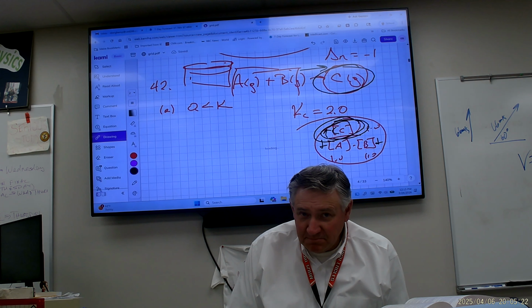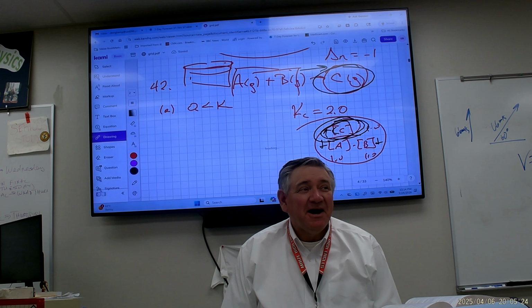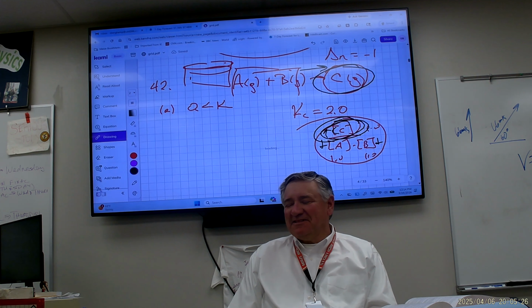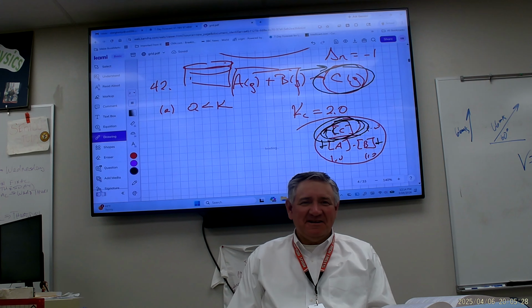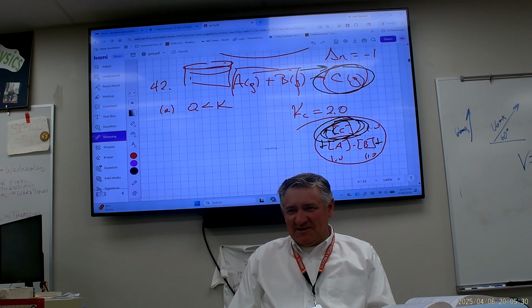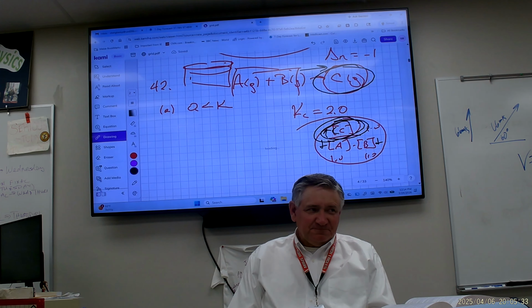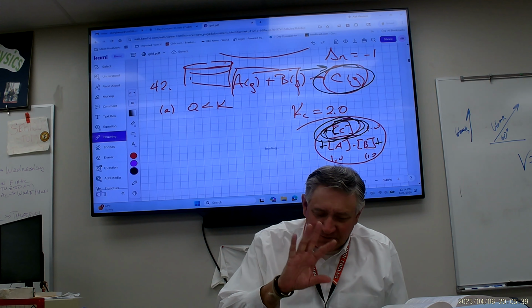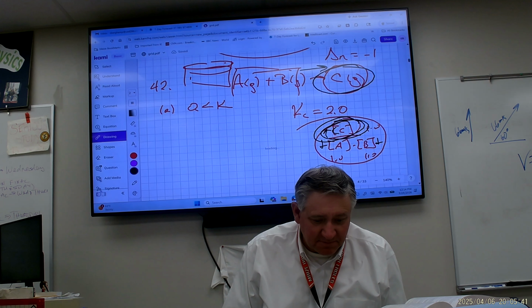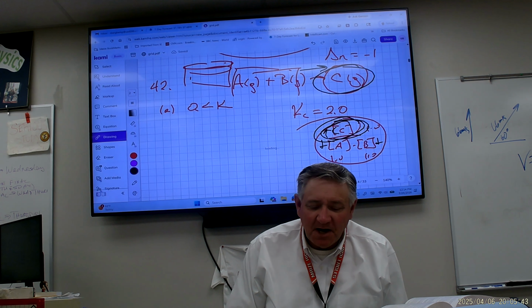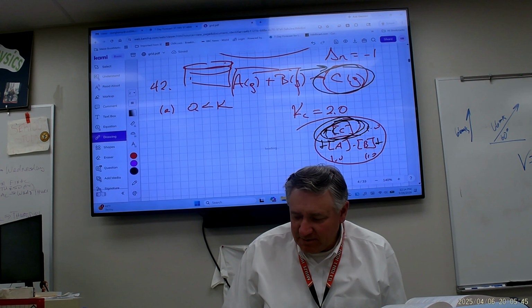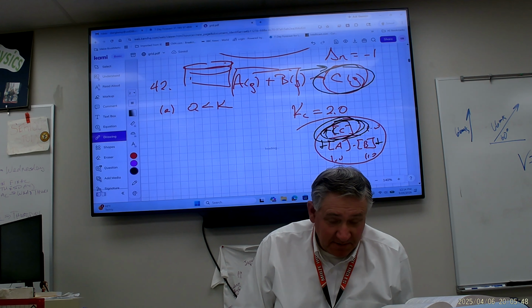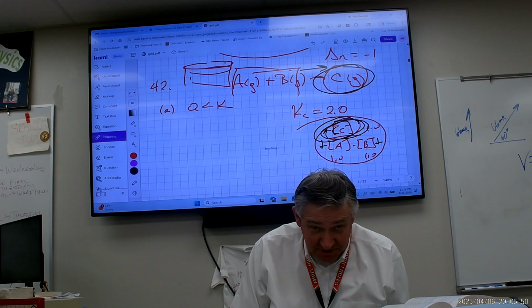And I find it hard to believe you're just going to look at it and go, oh, it's going to shift to the left, I can just tell, I don't need to calculate Q. No. You show me that calculation of Q. On 42, that's simple, those are small numbers. But on 43, I want to see what that Q value actually is, because that's the only way I'm going to believe that you know which way it's going to shift.